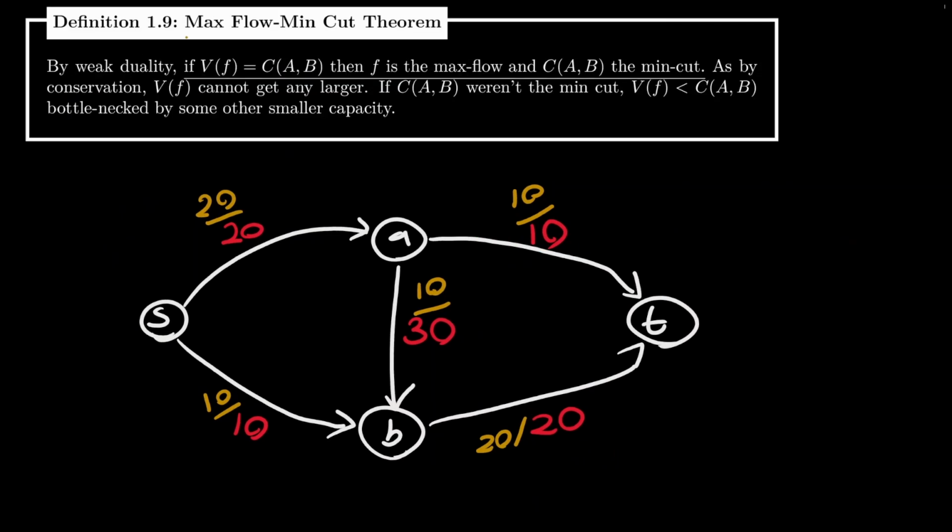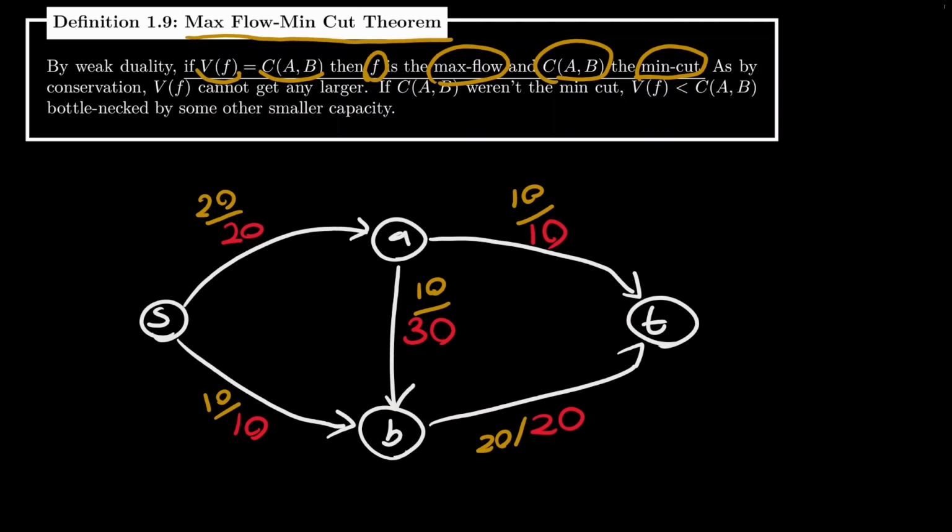In all, we've been working to find this theorem, the max flow min cut theorem. By gathering all the knowledge we've found so far, if the value of the flow is equal to our capacity cut, then that flow itself is the max flow, and that capacity cut is indeed the minimum capacity cut.